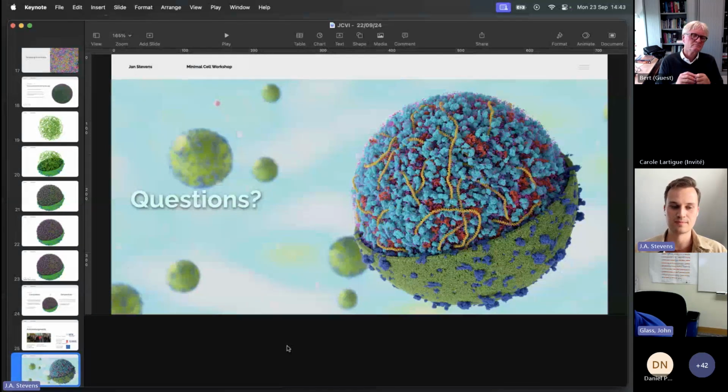And yes, we have gotten rid of 90% of the surface-associated protein encoding genes that are in the wild-type cell. So it would seem to me that the protein composition on the surface of the cell ought to be pretty sparse. But I don't know how to measure this.